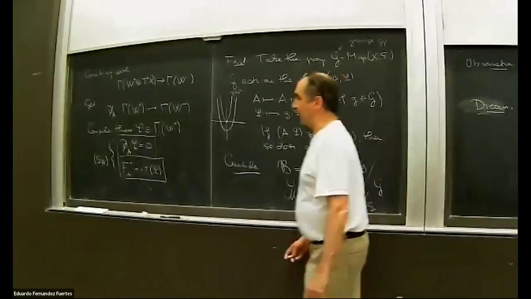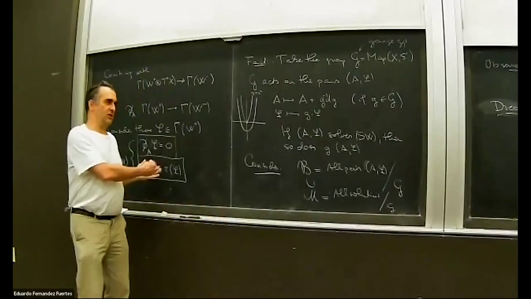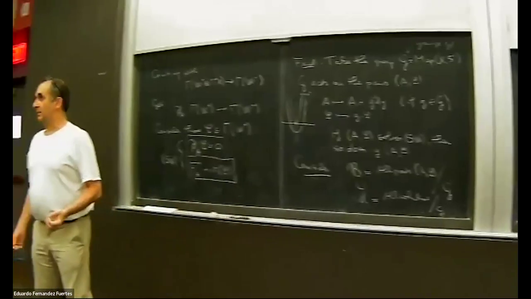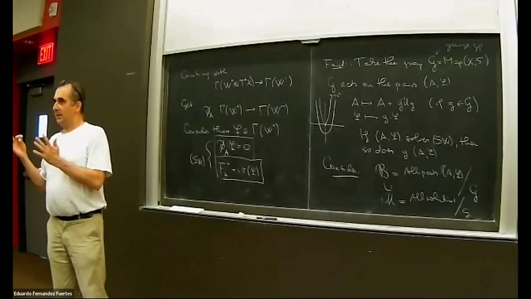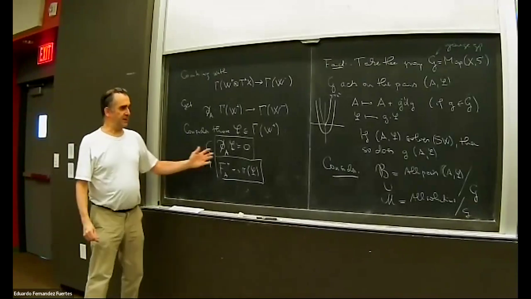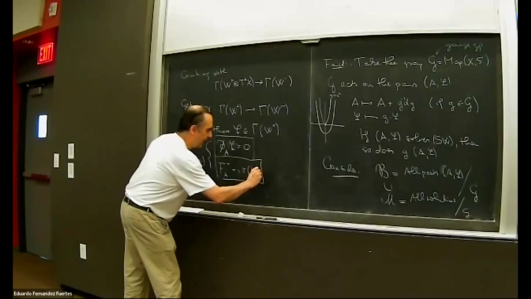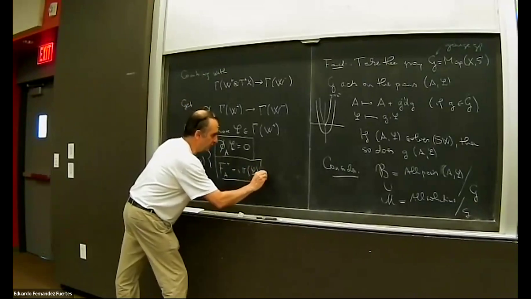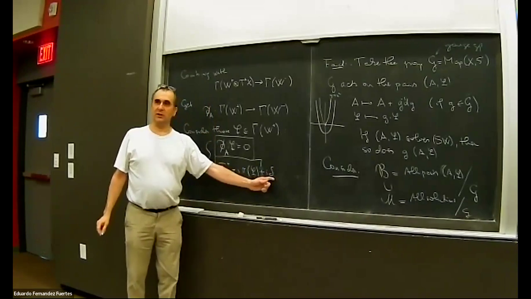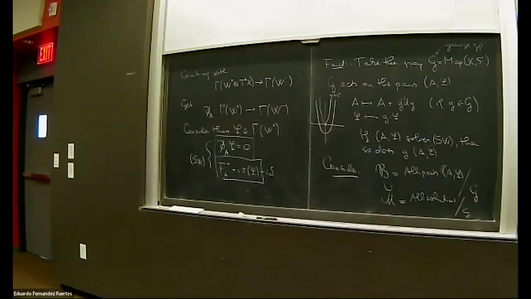In order to rectify that, what people usually do, so how do you prove that the solution set of an equation is a manifold? You use the implicit function theorem. The implicit function theorem demands that the derivative should be an onto function. And if it's not, you might sort of fix it up. So you just add some perturbation term here by adding a randomly chosen element or section of this bundle.